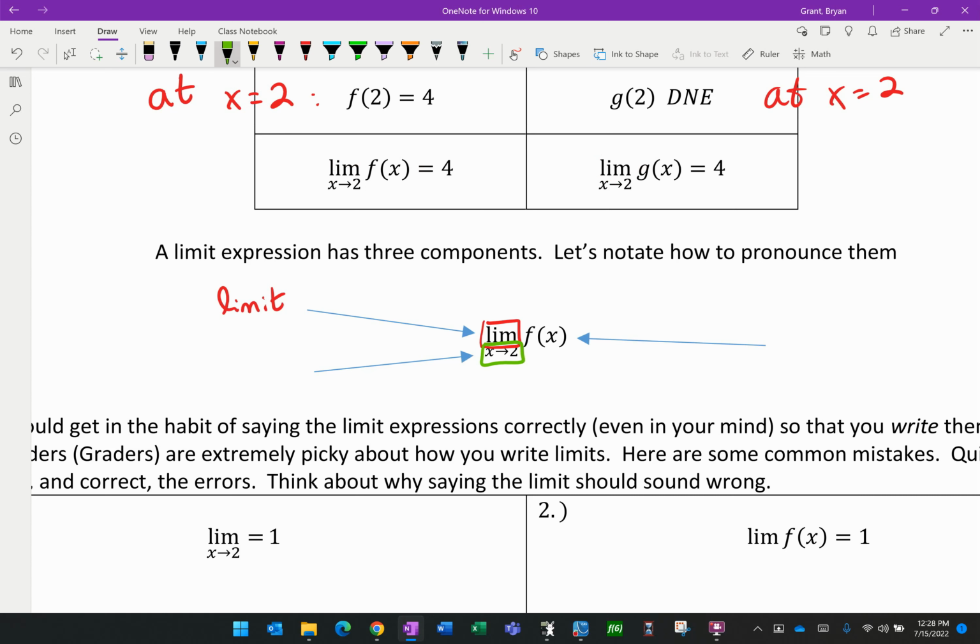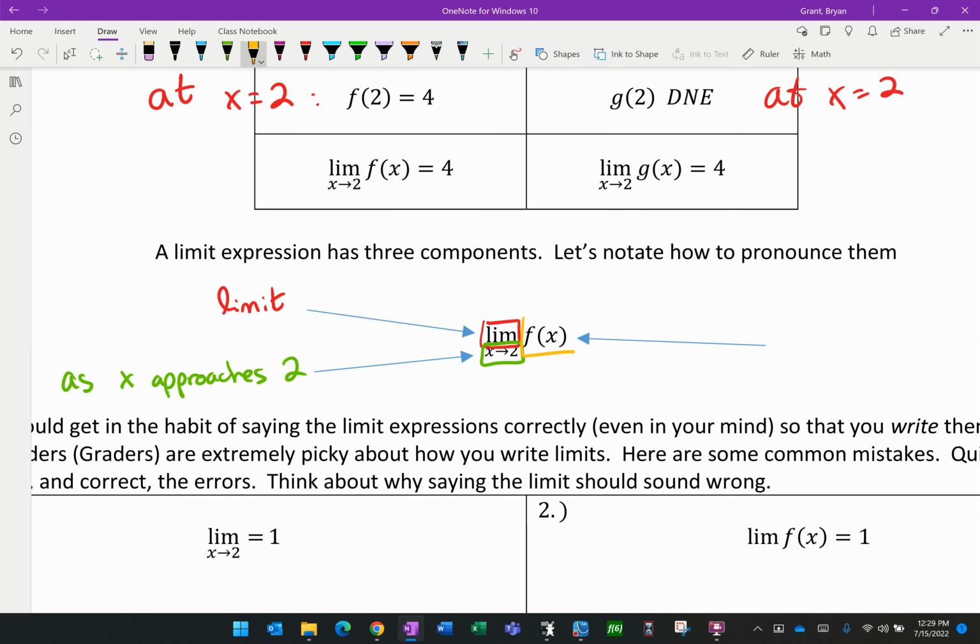We read this as x approaches 2. So up here we would say the limit as x approaches 2, and then we have the last part. This is the function name. However, there's a couple ways to interpret this, so I'm going to give you those different ways, right?